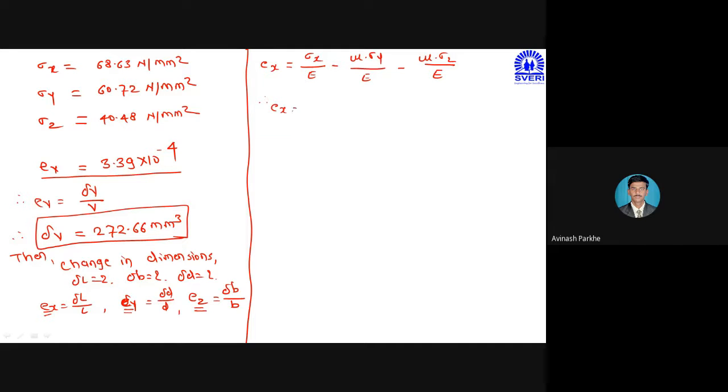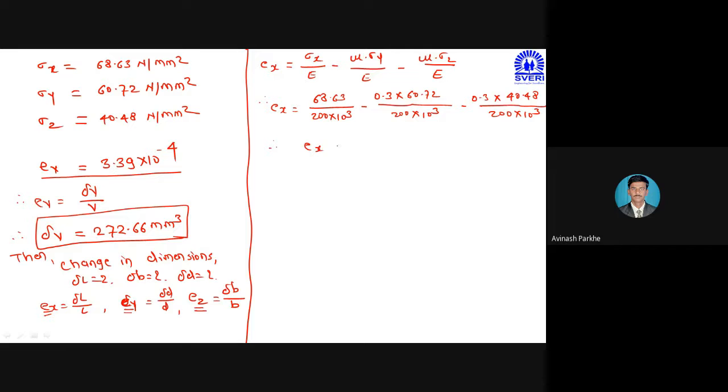Therefore epsilon X is equal to, put the value of sigma X, 68.63 divided by 200 into 10 raised to 3, minus mu 0.3 into sigma Y, 60.72 divided by 200 into 10 raised to 3, minus mu 0.3 into 40.48 divided by 200 into 10 raised to 3.